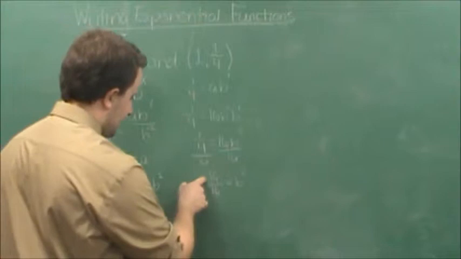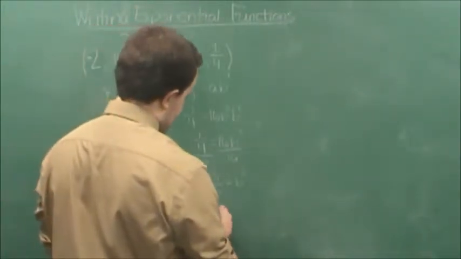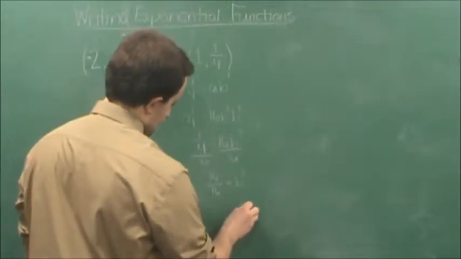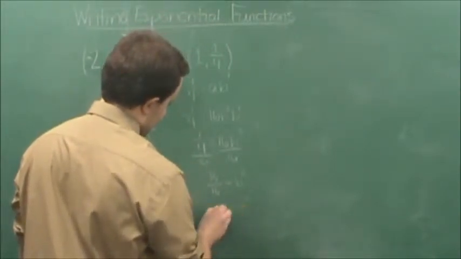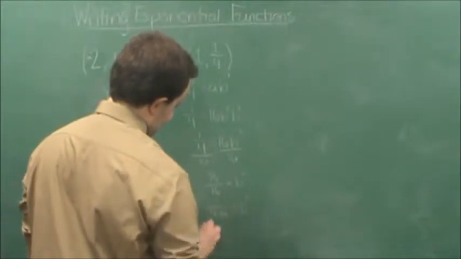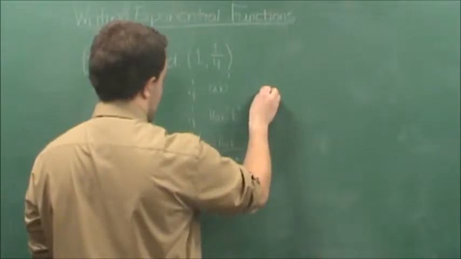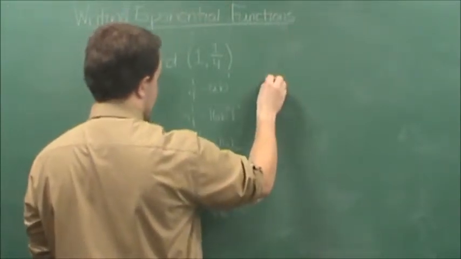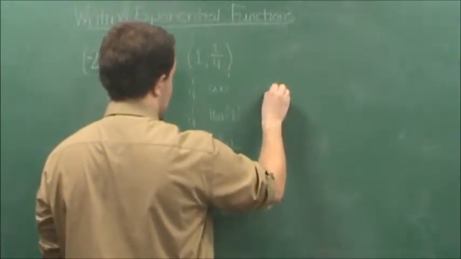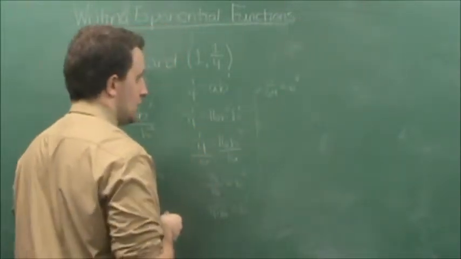Dividing 1/4 by 16 is really saying the same thing as b cubed equals 1/4 times 1/16. And when we do that, we get 1/64 equals b cubed.